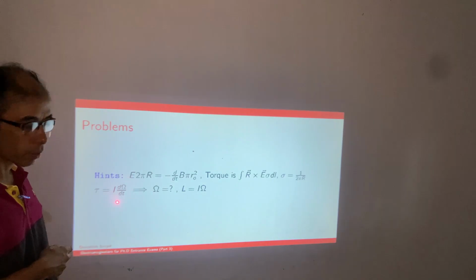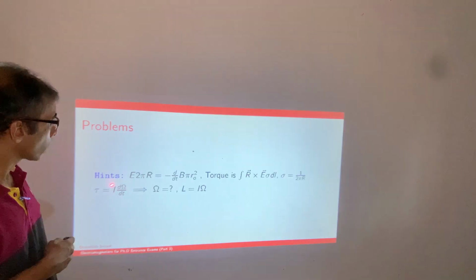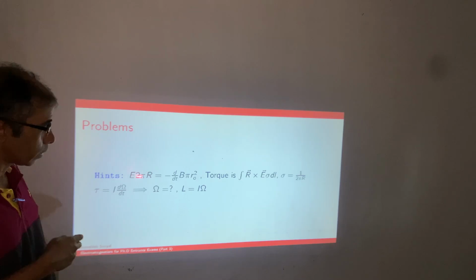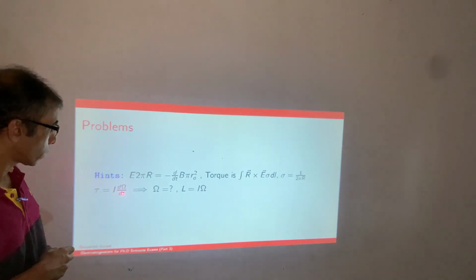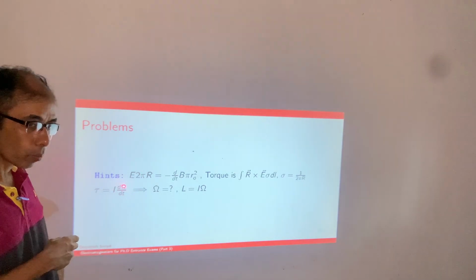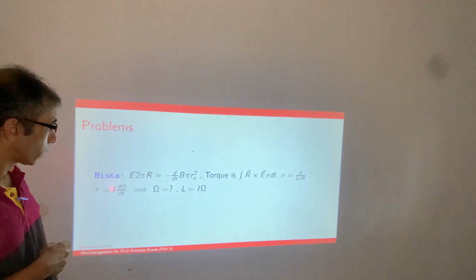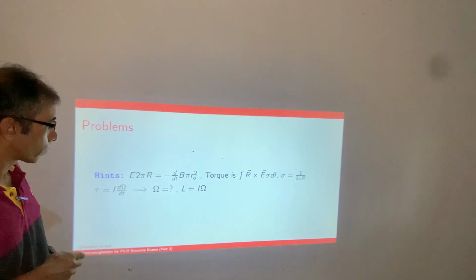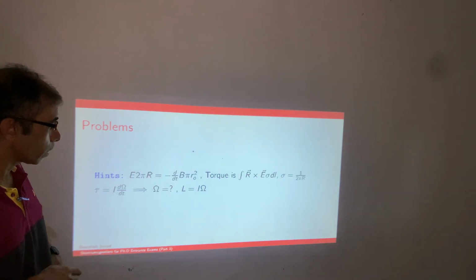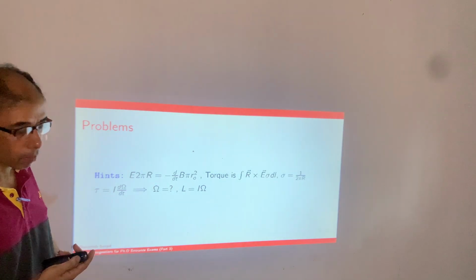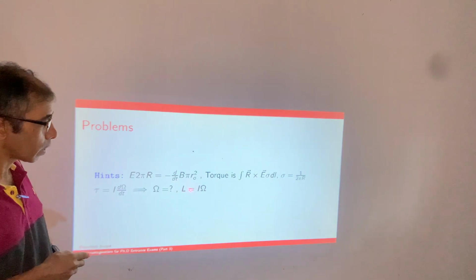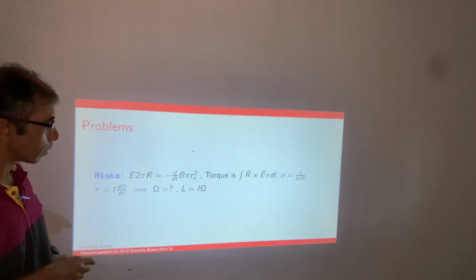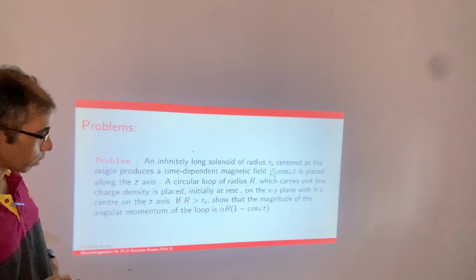So I d omega dt is the torque, and that is equal to whatever I get by substituting the value of E. I is the moment of inertia. So I can integrate for omega, and once I integrate for omega, I can find the angular momentum. You know the angular momentum L is equal to I into omega. Substitute this value of omega, and we are expected to get this answer.